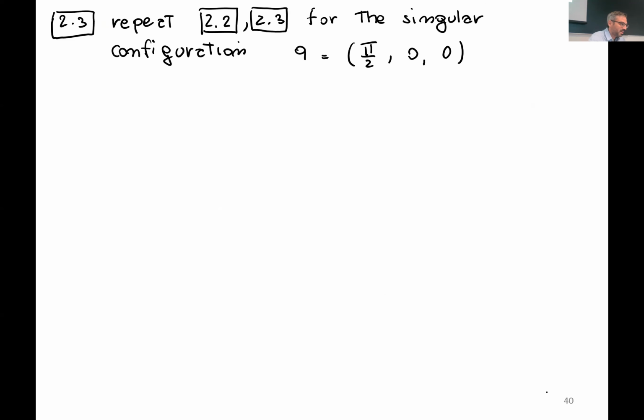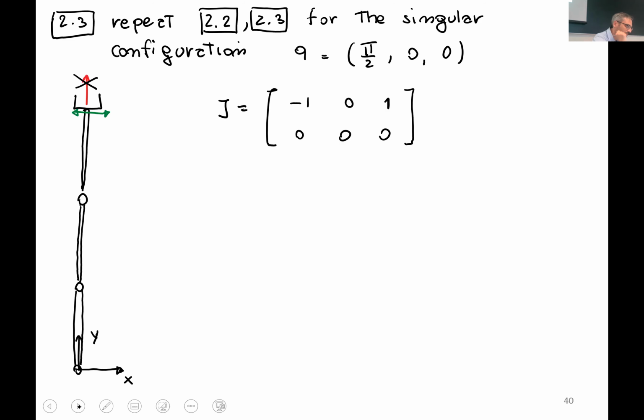And we repeat this experiment for a singular configuration. Let me say, for example, the situation where you have the arm completely extended. And in this case, MATLAB tells us that the Jacobian drops rank and becomes this one, where we have rows of zeros.